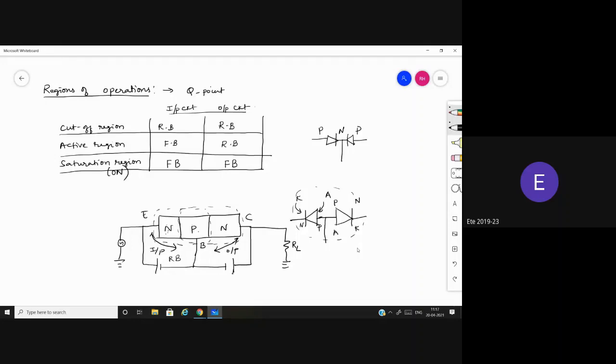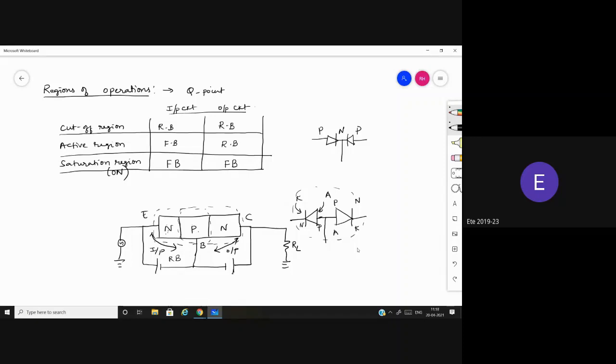Input and output both should be forward biased. Then the transistor is going to work in on state. That means it is going to allow the power supply, that is the current, to flow to the device. So this is how we can use the transistor to act as an on switch.